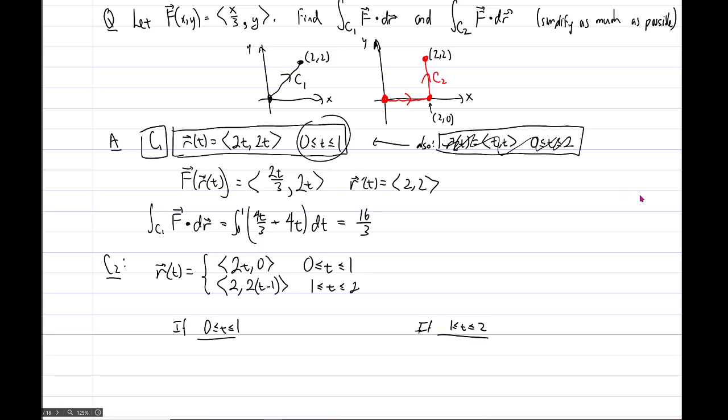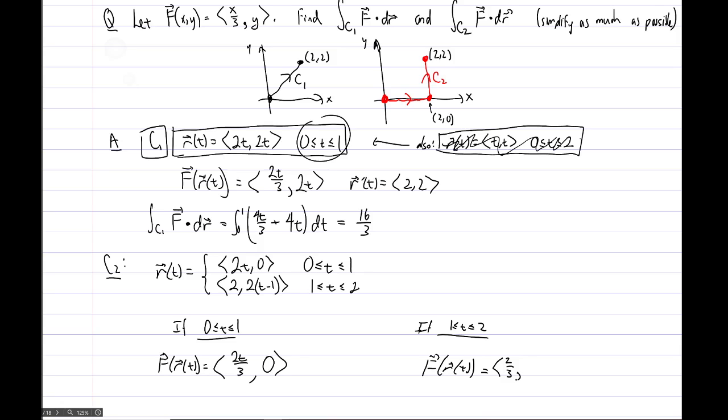So between 0 and 1, F of r of t is, composing again the function x over 3, y with 2t, 0. So 2t for x and then 0 for y. So 2t over 3, and then for the y we're plugging in 0. Over here, when we compose F of r of t, we're going to use 2 for x and then 2t minus 2 for y. So we'll have 2 for x, so 2/3.